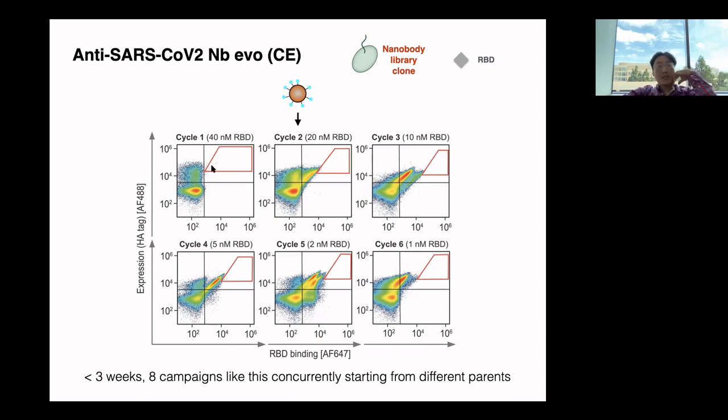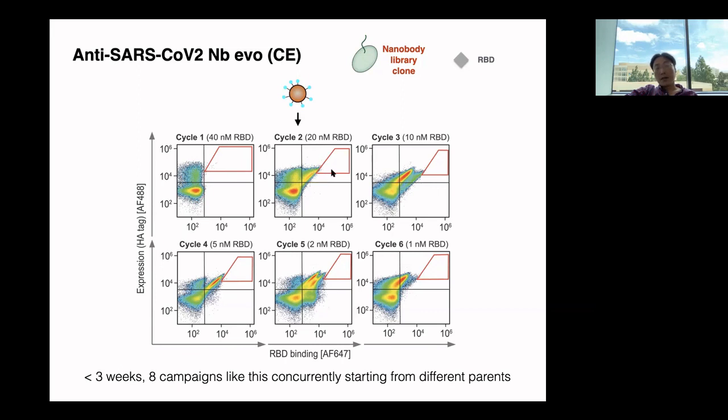And so what you see is that in the first cycle, this nanobody barely binds RBD, even though we had 40 nanomolar of RBD. But then when we select for the fraction that do bind, of course, they will fix and they'll bind better in the second cycle.